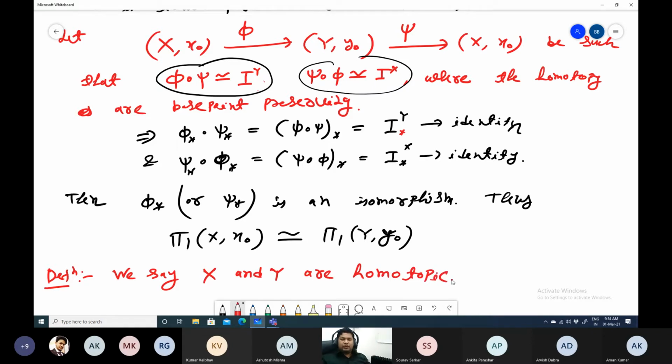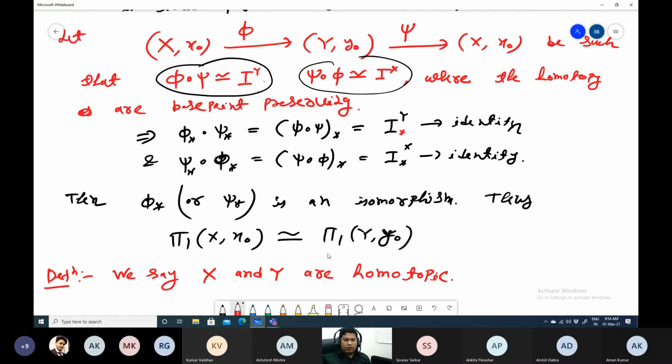Okay. So there was one concept, homeomorphic. What was the definition of homeomorphic? There will be a map from x to y and y to x such that phi compose psi equals identity, and psi compose phi equals identity. They are bijective.